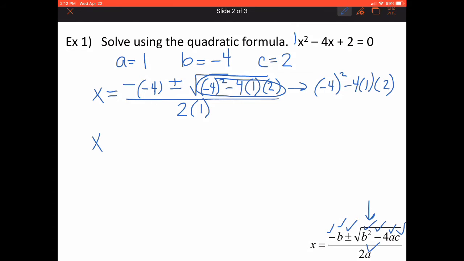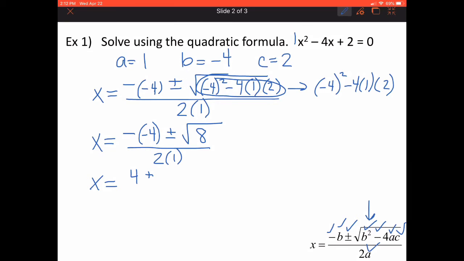So I write down negative of negative 4, rewriting everything the way it is, except when I get to the square root, I know all of that came out to 8, all over still 2 times 1. In my next step, I like to do those parentheses, so I have negative of negative 4, and if you don't remember what that is, you can put it in your calculator, and it will give you positive 4, plus or minus the square root of 8, all over 2 times 1 is 2.